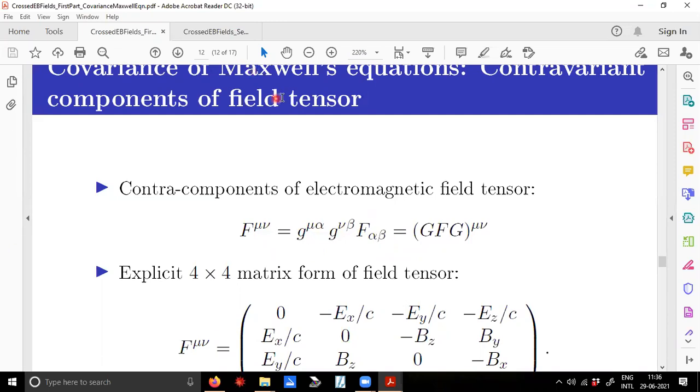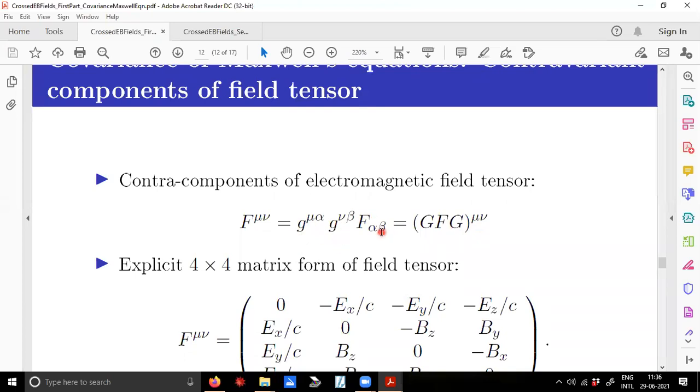You can shift them wherever. G mu alpha, F alpha beta in the middle, and G nu beta. Then you know that alpha gets contracted, beta gets contracted. Then it can be written as a matrix product G, F, G, with free indices mu and nu. F mu nu with upper indices is equal to G F G with upper indices. This is how I can write it. This is a simplification. I am using raising and lowering of indices.